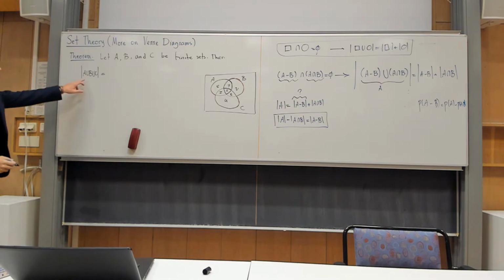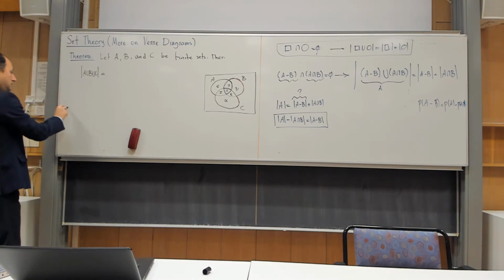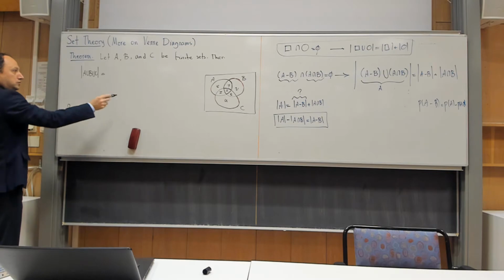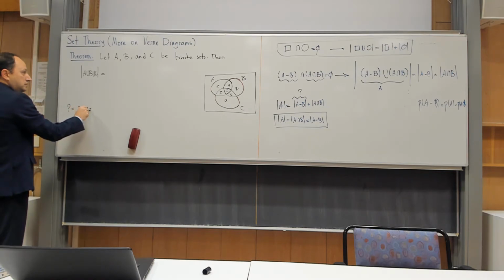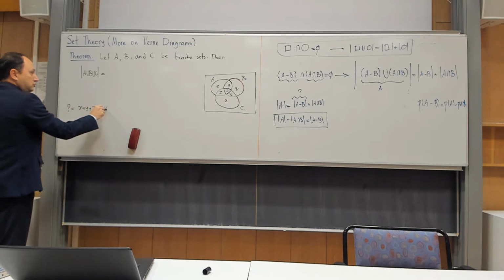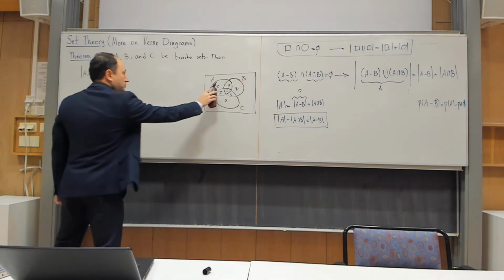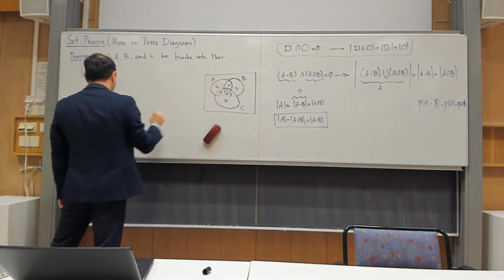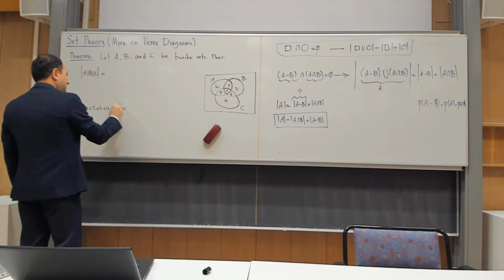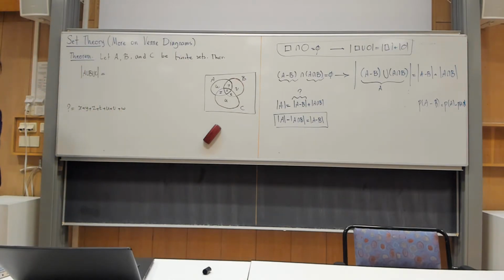So, it is clear if I ask you to answer this, the left-hand side here is equal to x plus y plus z plus t plus u plus v. By the way, w is a better one, yes? So, w, yes, let me write w. So, that is the question.